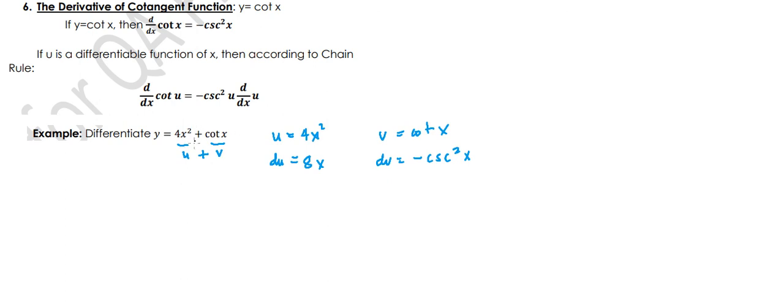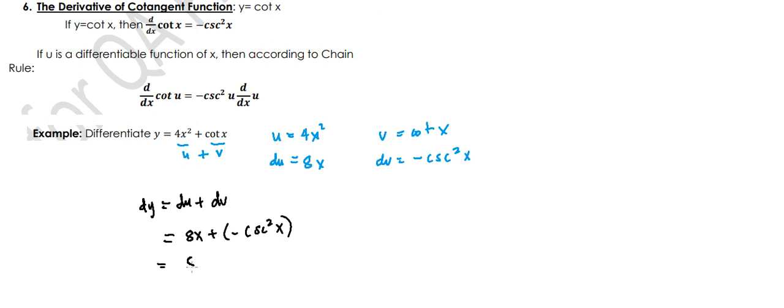If this is a sum rule, our derivative will become du plus dv, because we derive our functions or terms one by one. So, our du would be 8x plus, our dv is negative cosecant squared x.